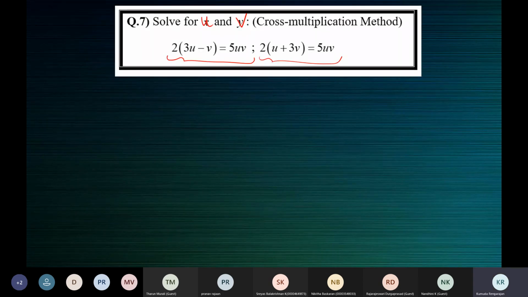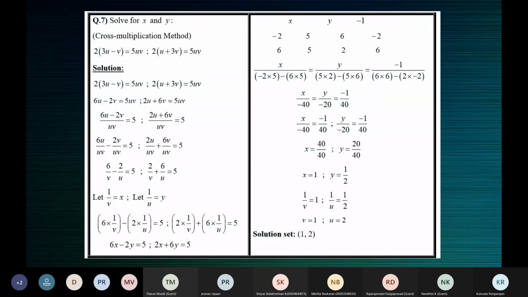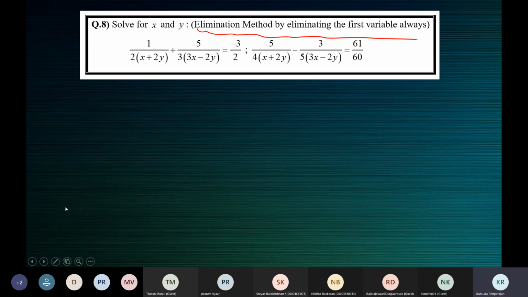We change the heading, children, U and V. Yes, I want you people to do this.